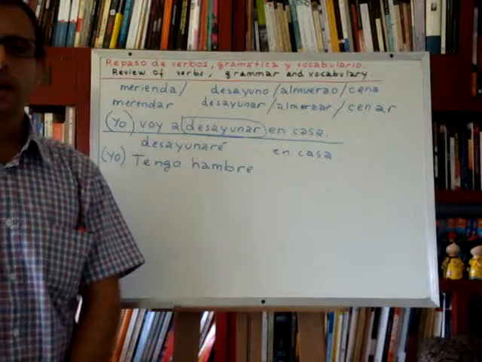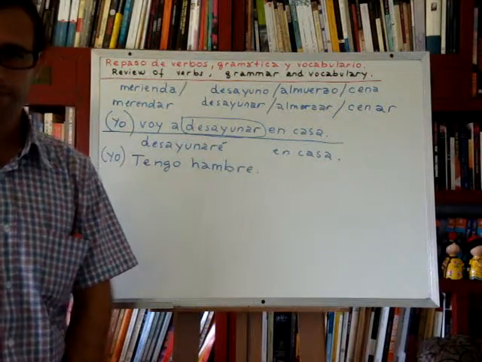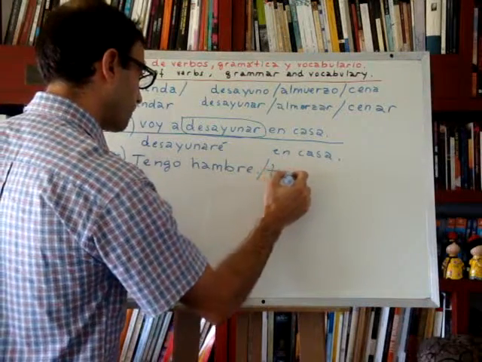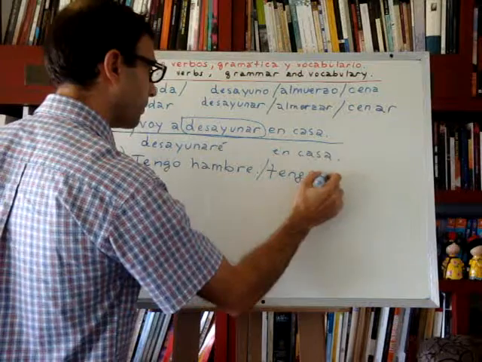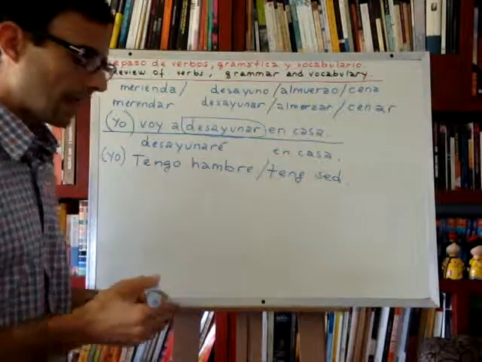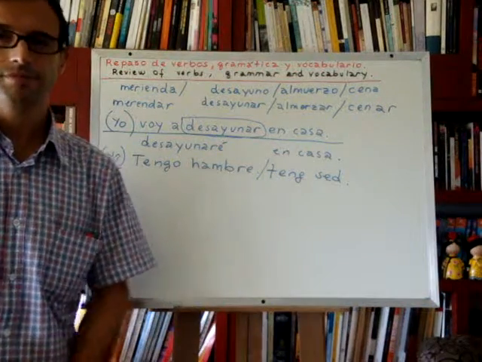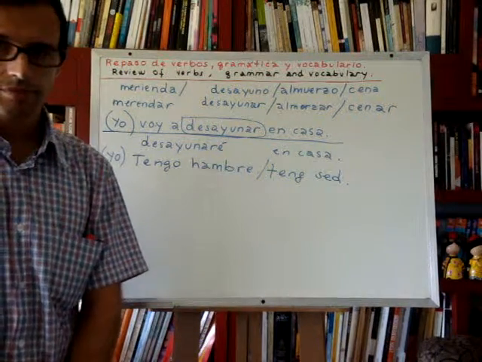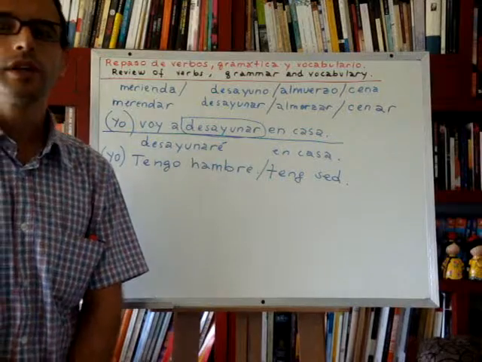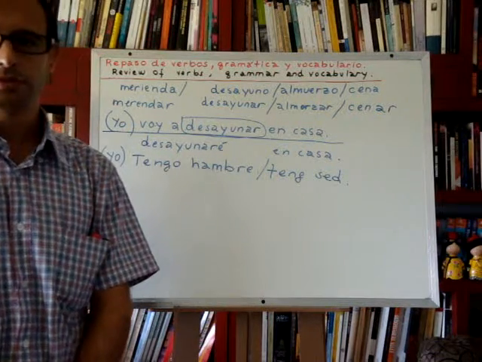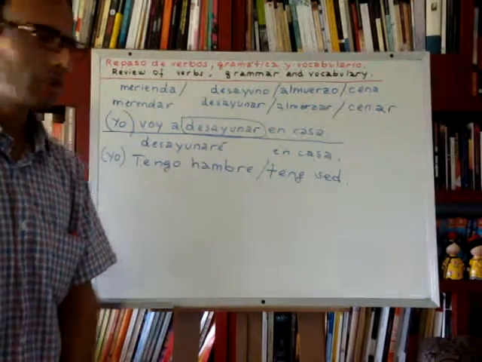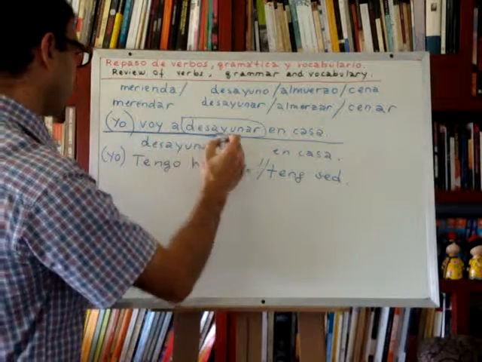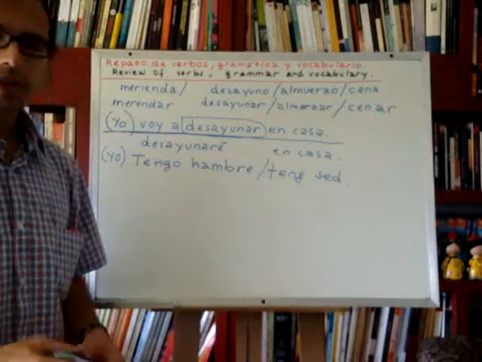And if I want to say I am thirsty, we would say tengo sed, okay? I have thirst. And if I want to say I will drink water, try to use this future conjugation, voy a, okay?